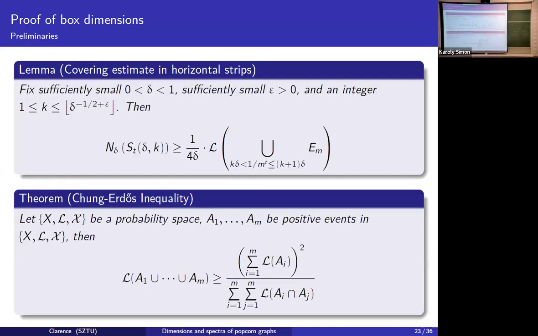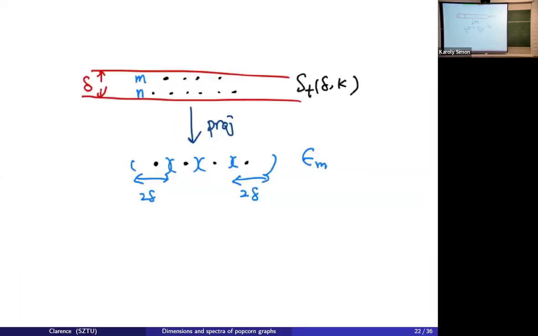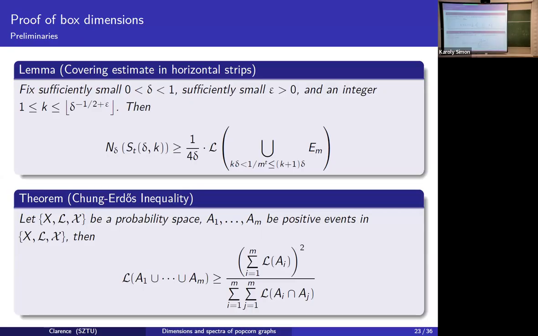And for the lower bound estimates, for the cubes, a natural covering estimate in horizontal settings says the covering number can be controlled by the Lebesgue measure in the strips, at every level of the strips. And as for the Lebesgue measure estimates, we have the Dodge inequality.